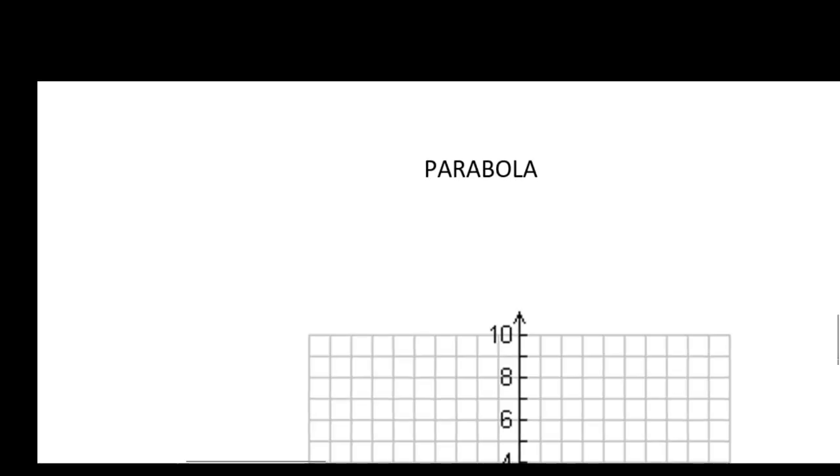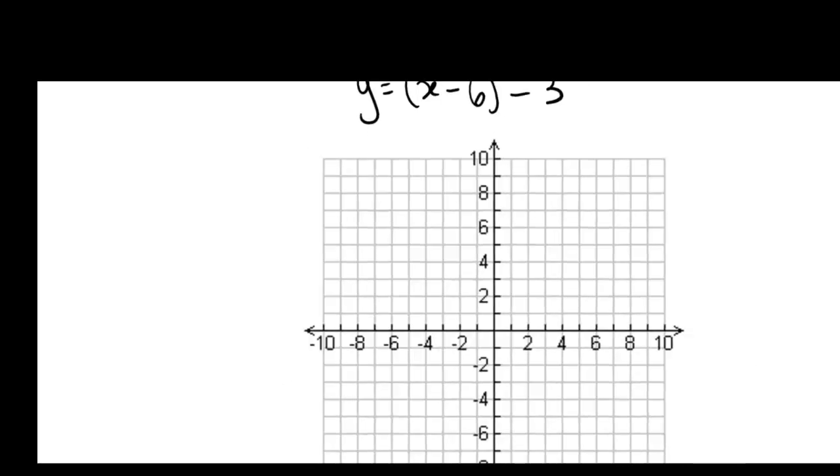Now let's try parabola. So the equation for a parabola is y equals, let's do (x - 6)² minus 3, just to keep it a little bit more different.